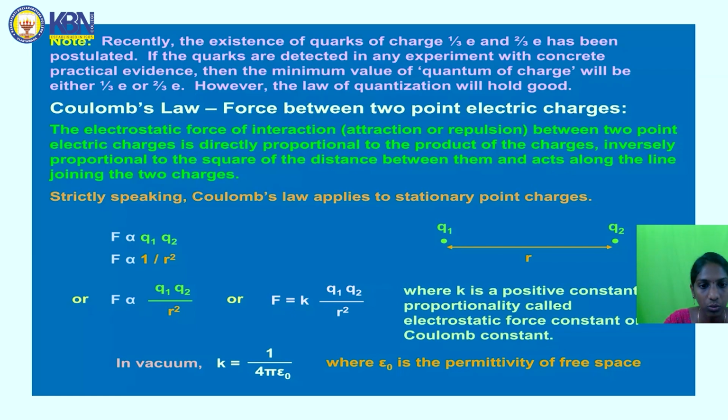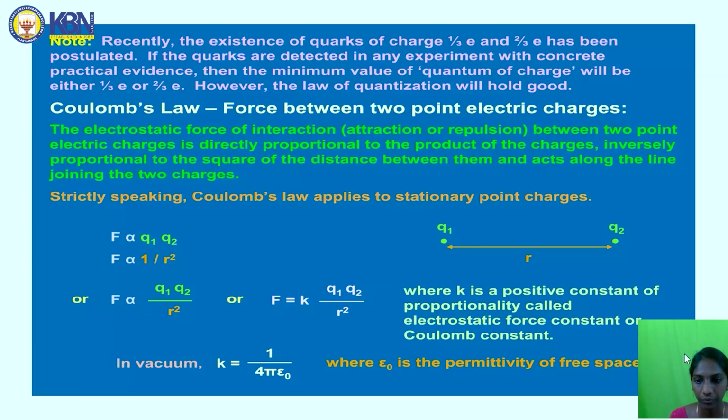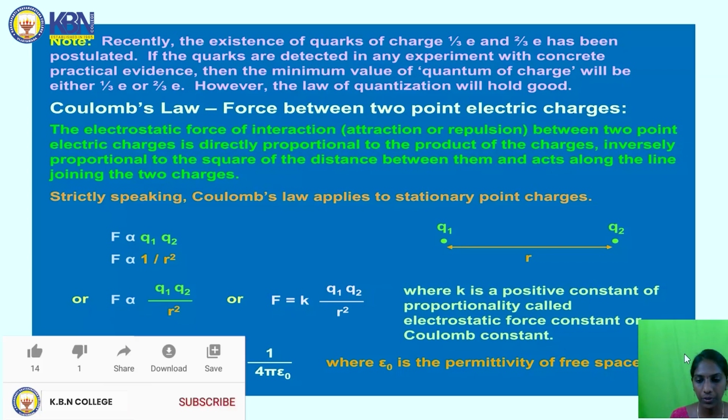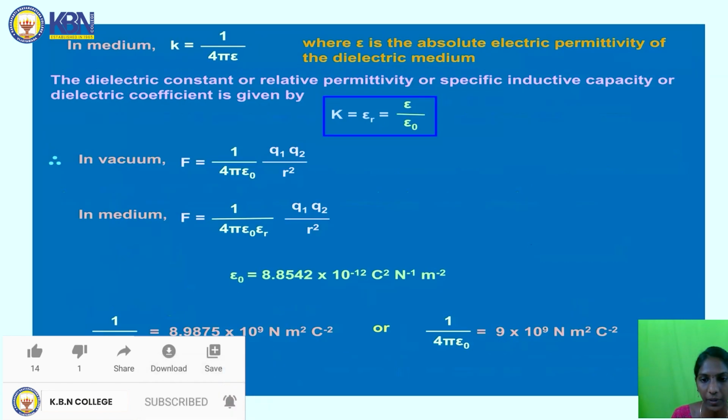Strictly speaking, Coulomb's law applies to stationary point charges, where K is a positive constant, the electrostatic force constant or Coulomb's constant, where epsilon is the permittivity of free space.